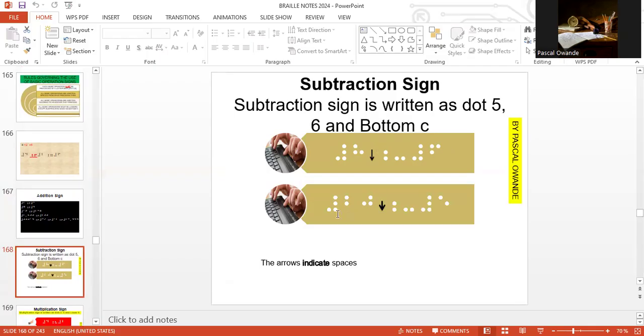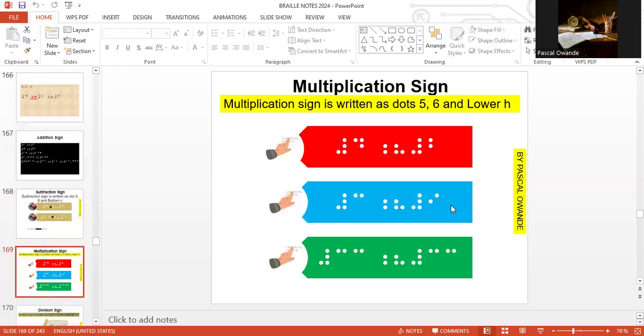The second one, we have 20 minus 5. Multiplication sign, 4 times 2, that is the red one. The blue one, 3 times 9, and the green one is 33 times 33.